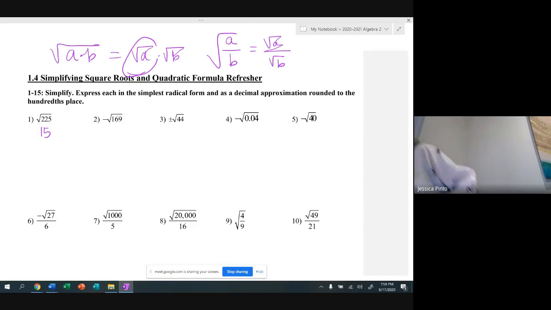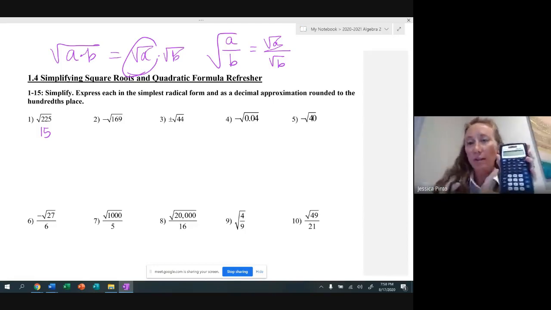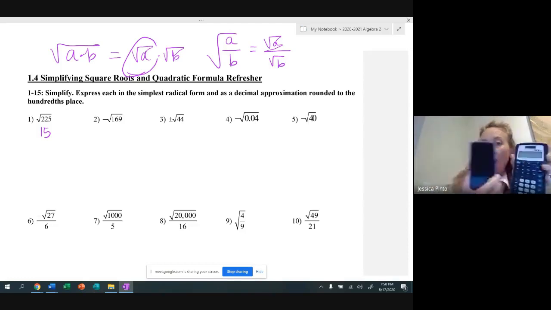All right, I'm back. So I have a scientific calculator.